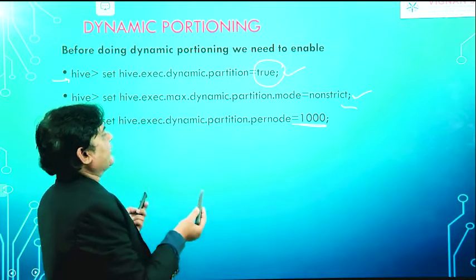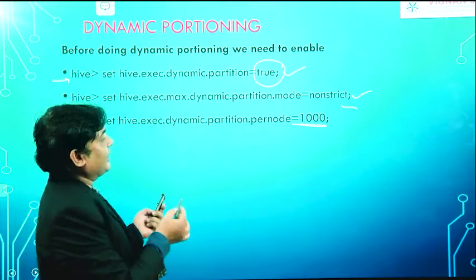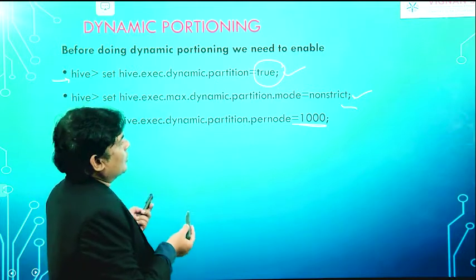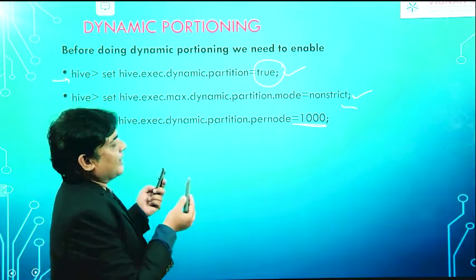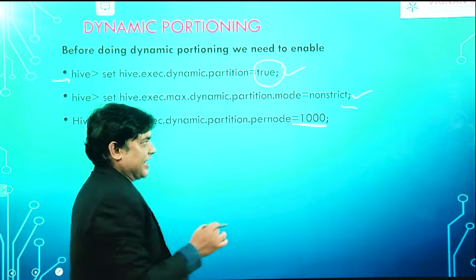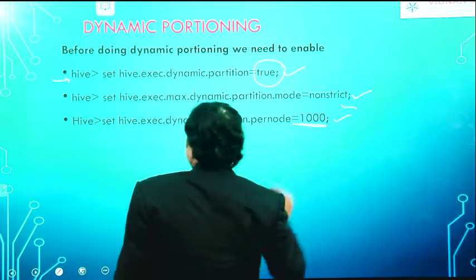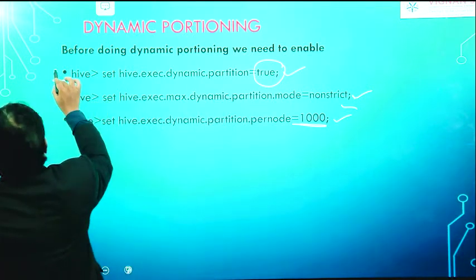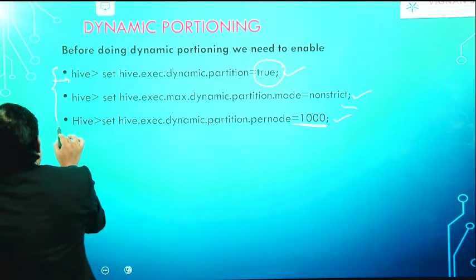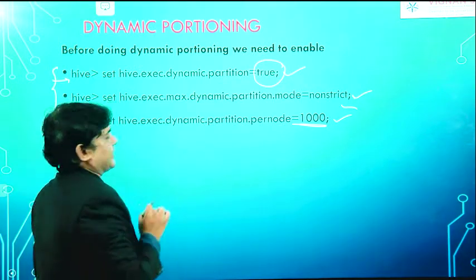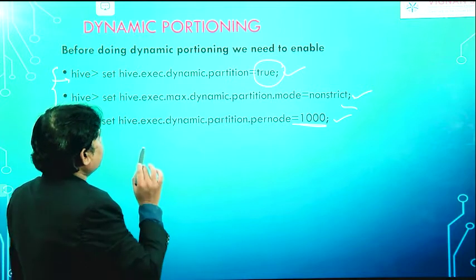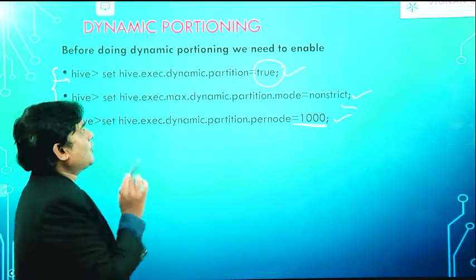It is configurable, as per your requirements. So these three important command lines we need to execute if you want to perform dynamic partitioning. This is a very important criterion to perform dynamic partitioning.